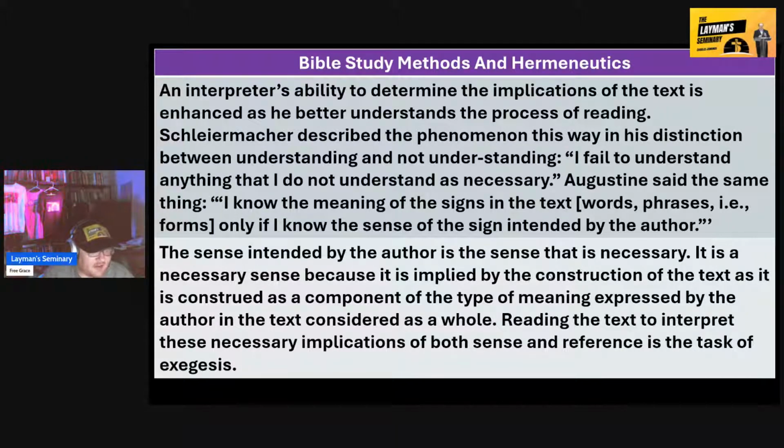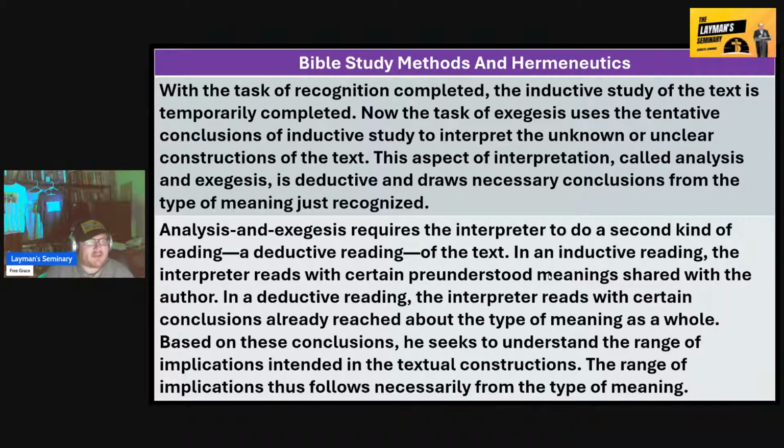It is necessary sense because it's implied by the construction of the text, as it is construed as a component of the type of meaning expressed by the author in the text considered as a whole. Reading the text to interpret these necessary implications of both sense and reference is the task of exegesis. With the task of recognition completed, the inductive study of the text is temporarily completed.